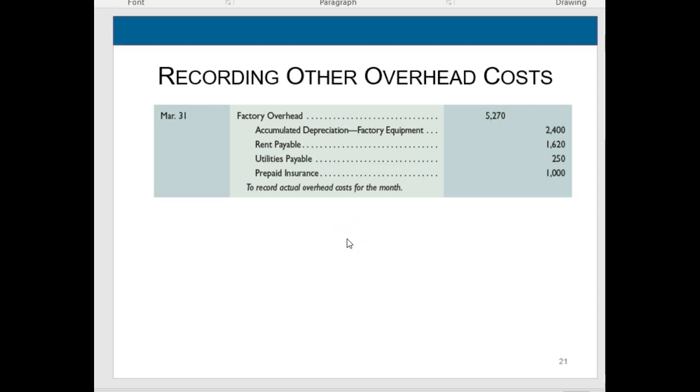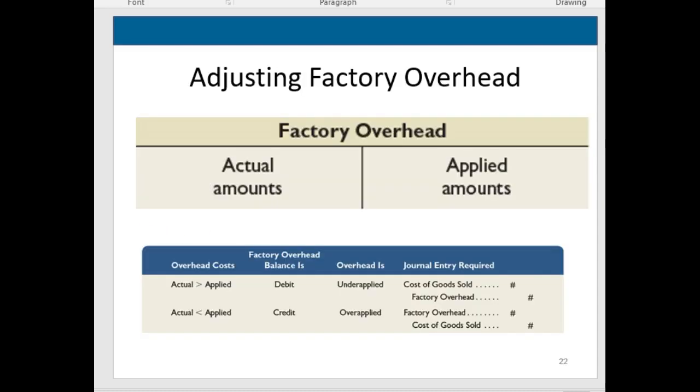I'll probably need to get a pencil and paper. So if I do 1650 plus 5270, I have 6920 that's actually in the overhead. So my applied amount is 6720, and this one is 6920.